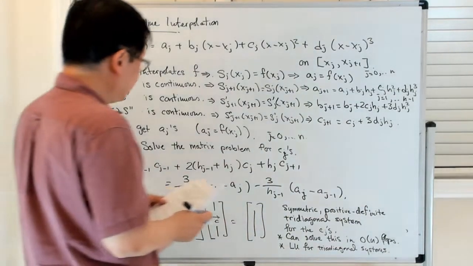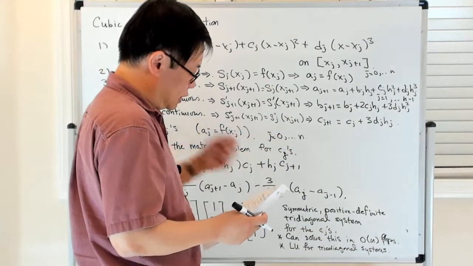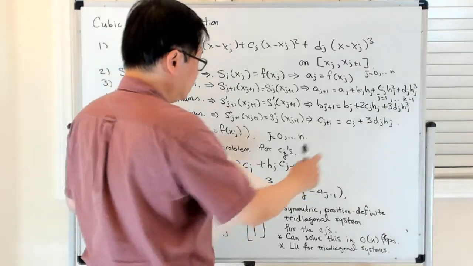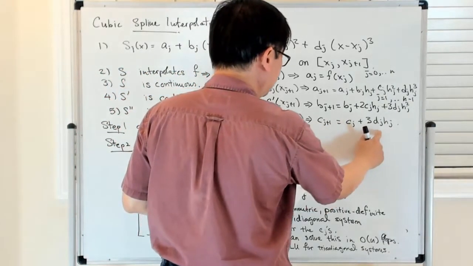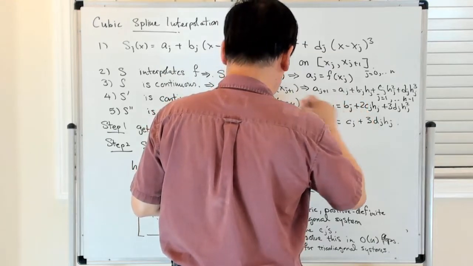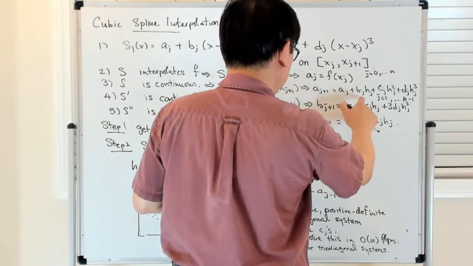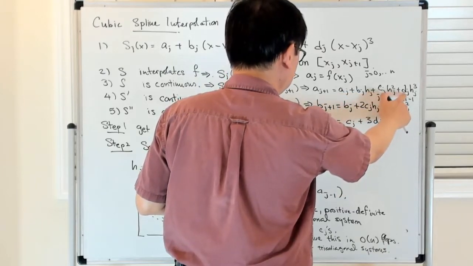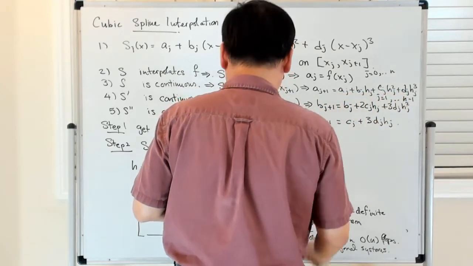Let me say how you get the B's and the D's. You can see the D's just come from this equation, and the B's can be obtained using, say, this equation, where you substituted the expression for D's in terms of the C's.